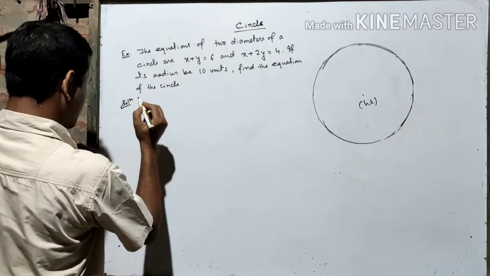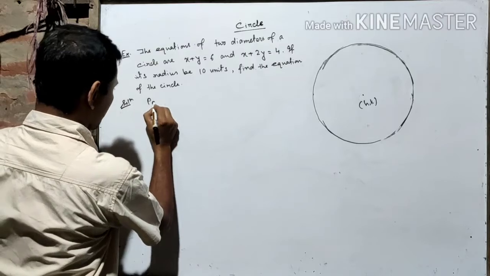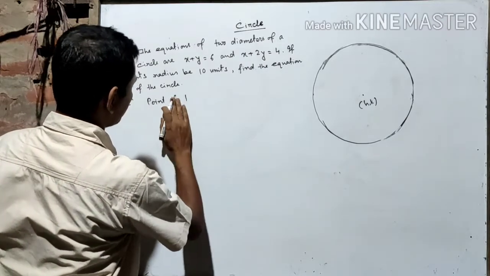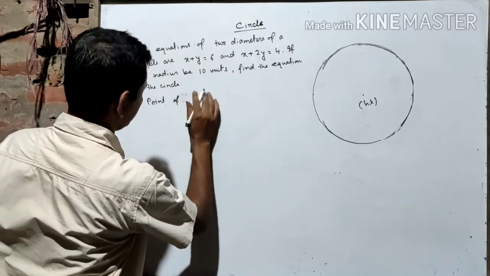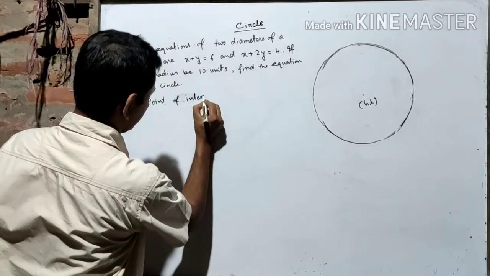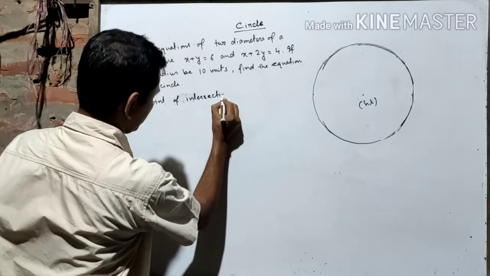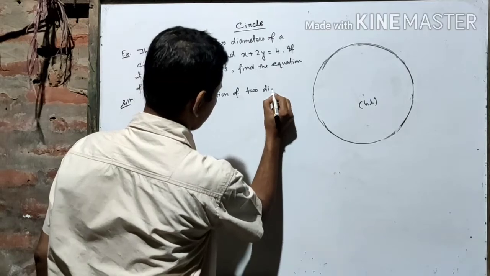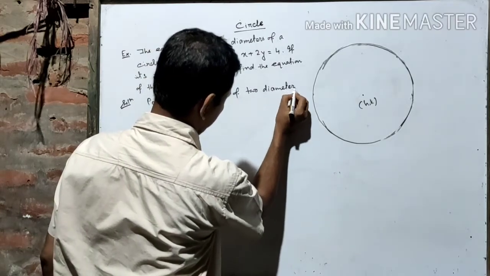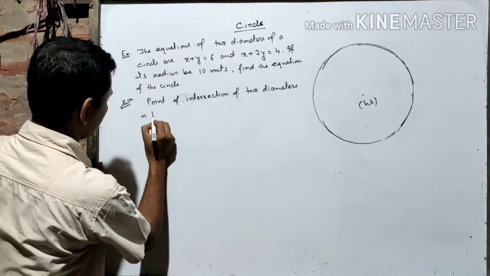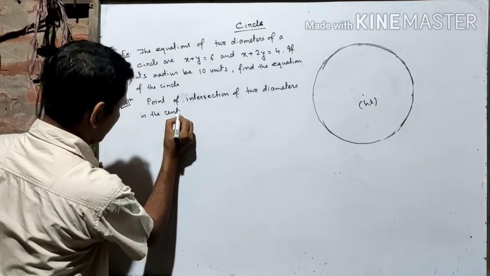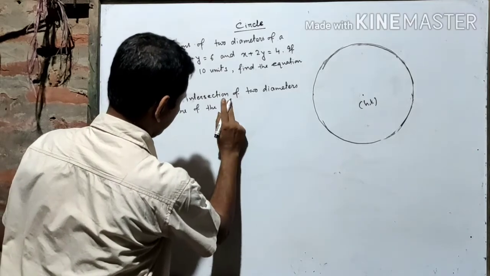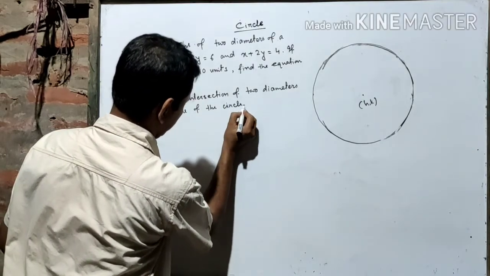So, point of intersection of two diameters is the center of the circle.